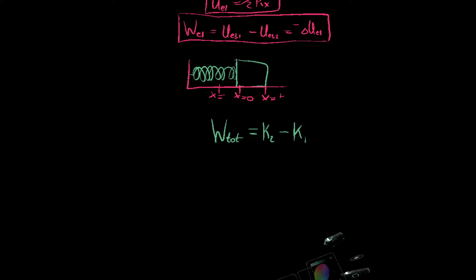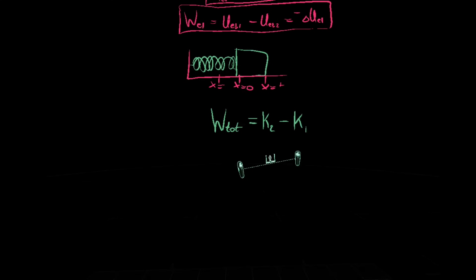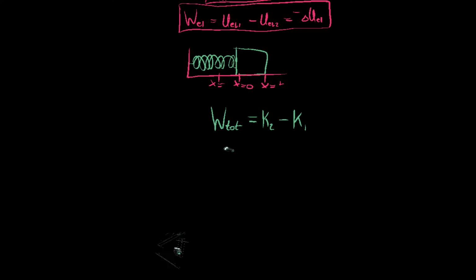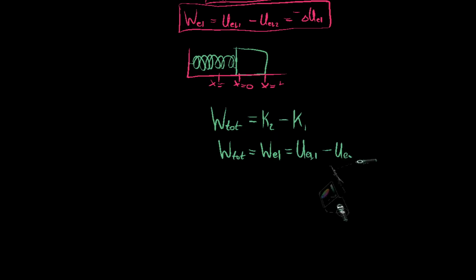So thus, if elastic force is the only force that does work on the body, then, like we said before, the total work is equal to the work elastic, which is equal to U elastic 1 minus U elastic 2.